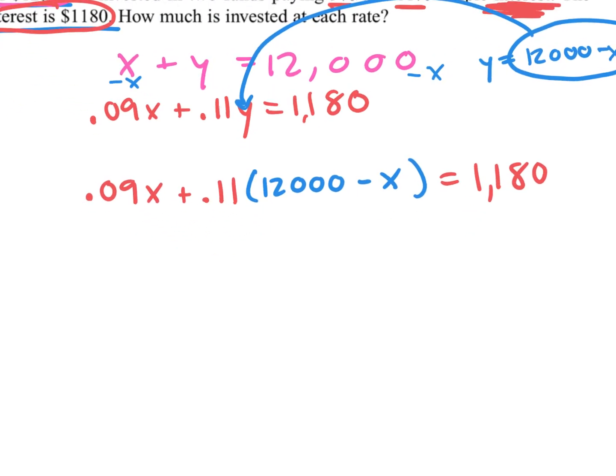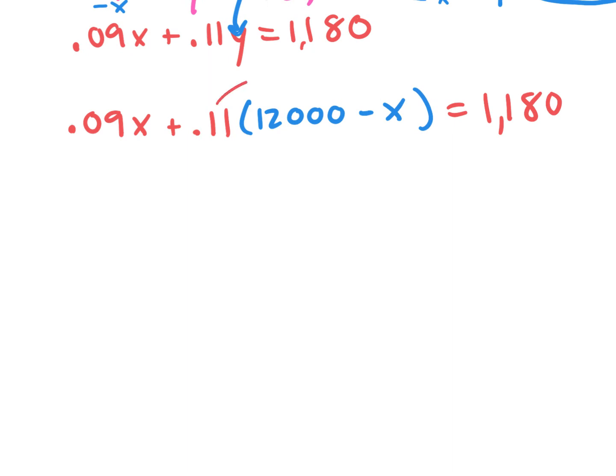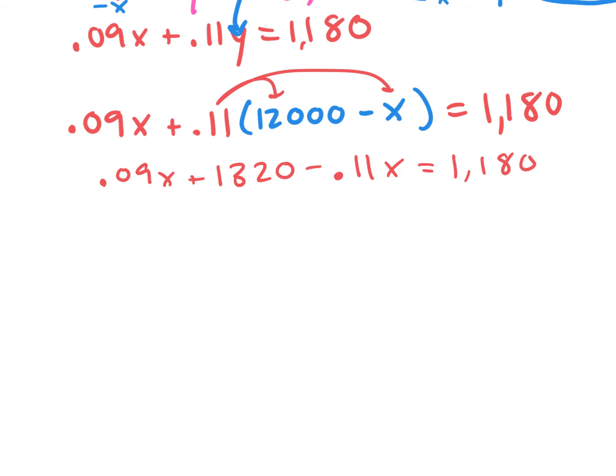Now what do I need to do to solve? Distribute first. So 0.09x, what's 0.11 times 12,000? 1,320? Maybe. I'll let you guys know.